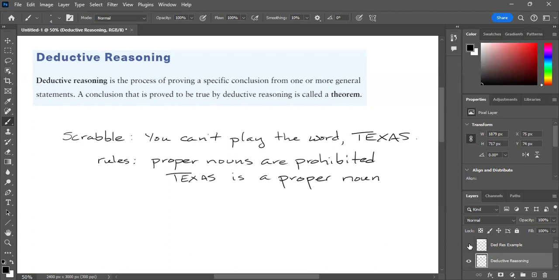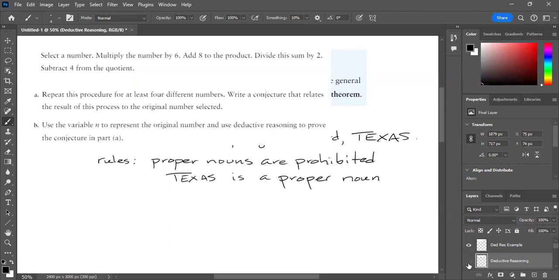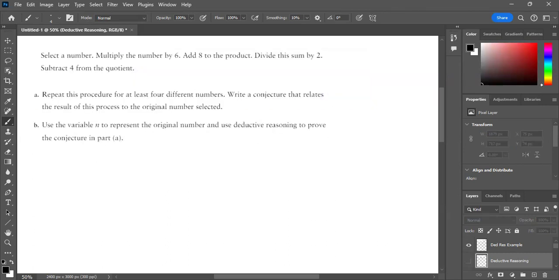Let's look at a type of problem that does use deductive reasoning, and maybe this will help. So we're given a series of steps we need to do, and they want us to select a number. Then they want us to multiply that number by 6.